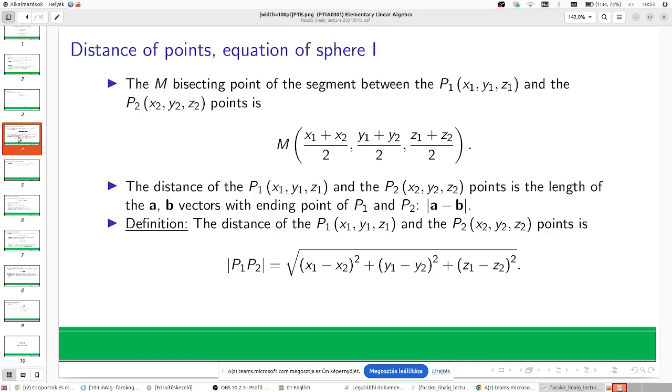Let's call this M. It's this. It's quite simple, there's no deduction.